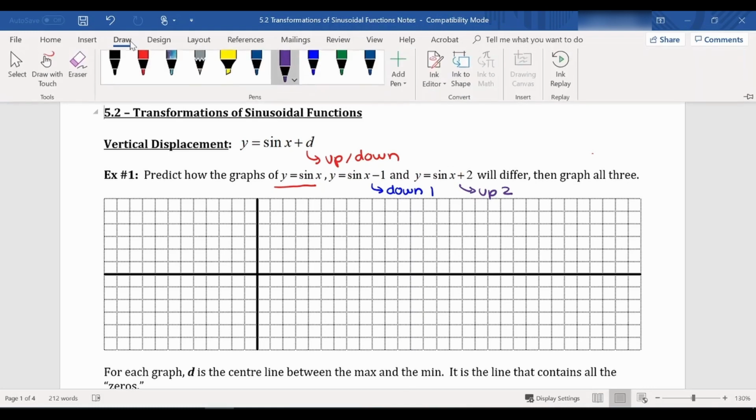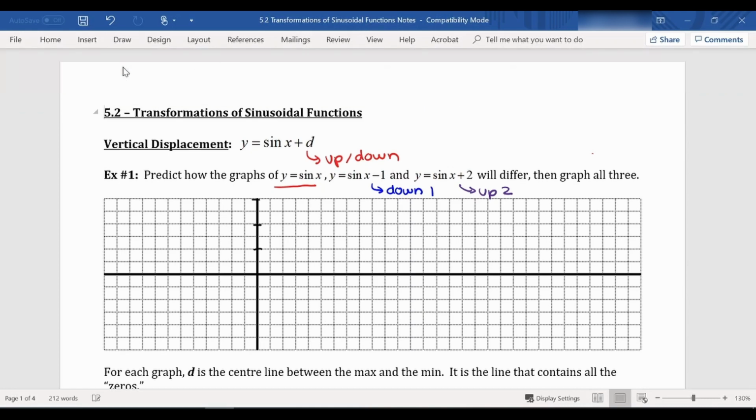In order to figure out where I'm going to need to label these, if I have to go up to 3, I'm going to stick with what I was doing yesterday on 5.2 and use 2 boxes as 1 unit. And on the x-axis, as long as our period can be split into 4 sections, we're good.